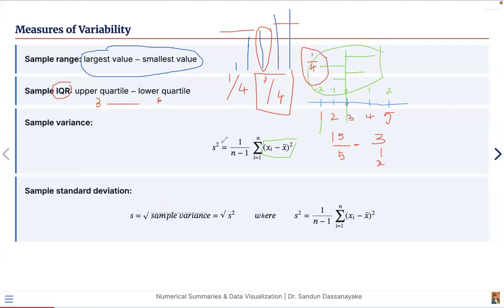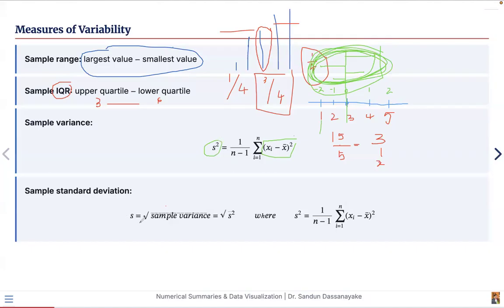We have some idea about the spread of these values. So when we calculate the sample variance, in simple terms, don't take me as factual, I'm giving you the intuition. We are getting something like the spread of this entire thing. Because of that, it's a squared value, the variance.